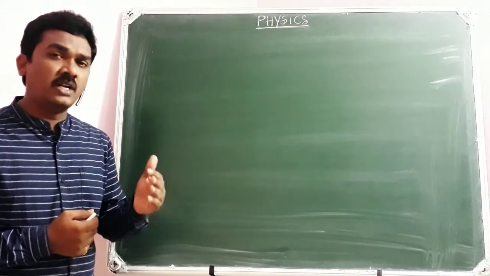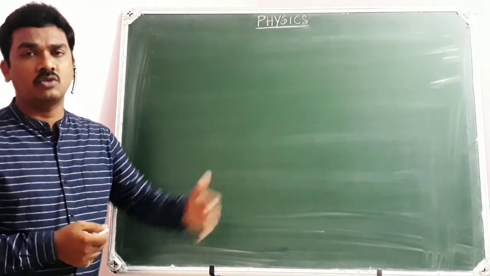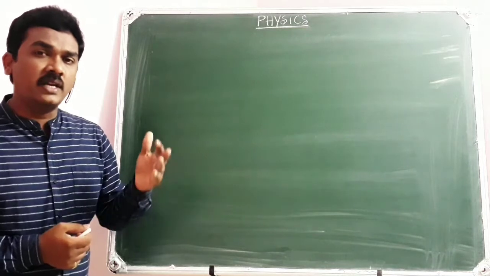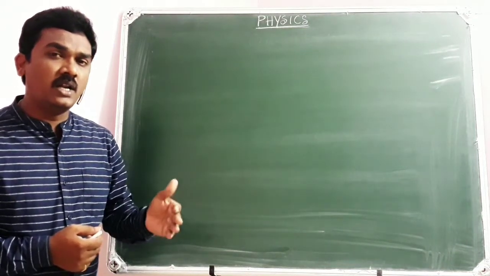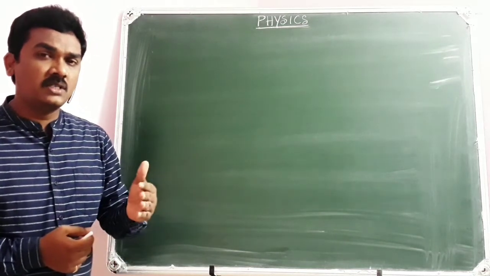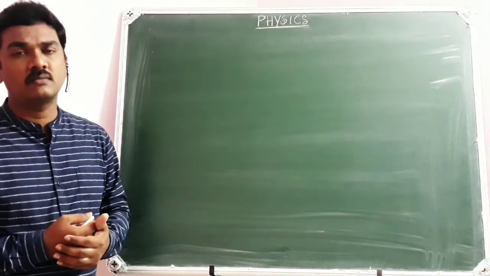But the strength of the electric field gradually decreases as you move away from the source charge. And the strength of the electric field at any point can be measured as the intensity of electric field, represented by the letter E, which we discussed in the last class.